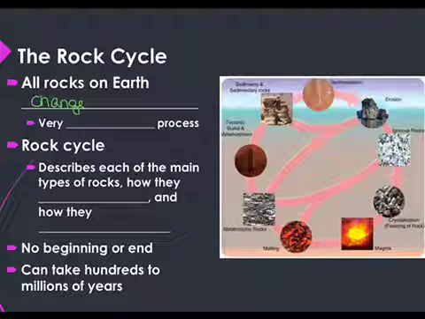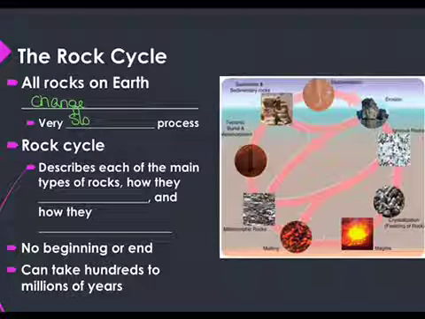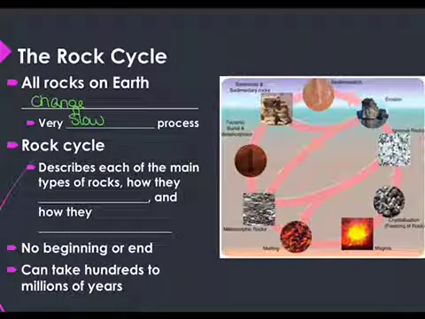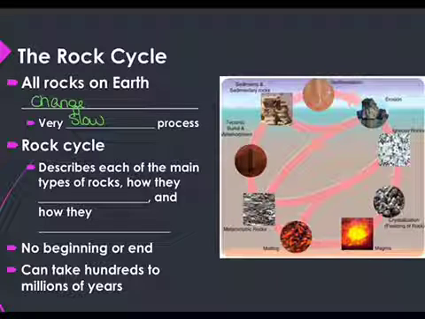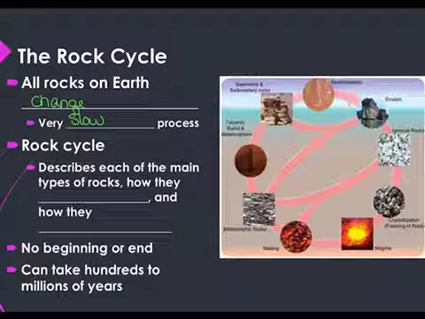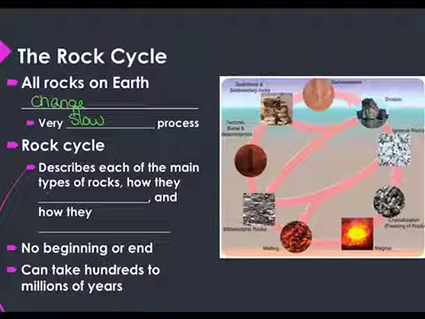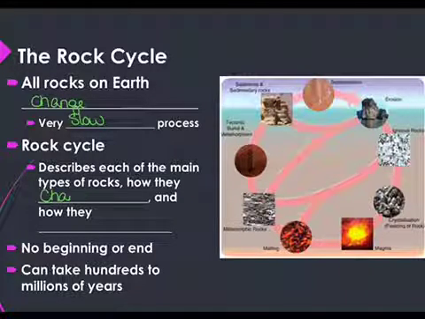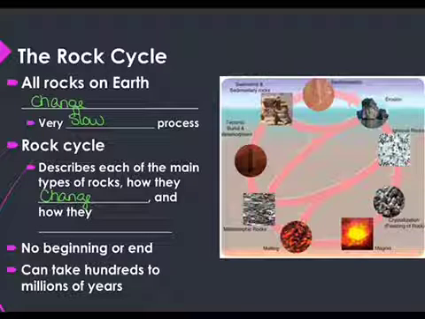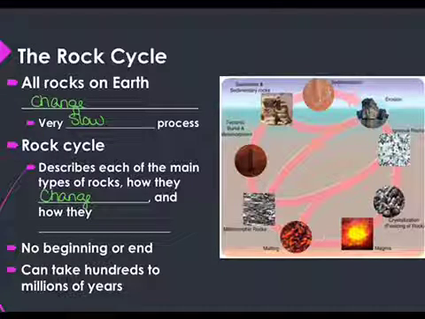It is an extremely slow process to change rock types, and this process is described in something called the rock cycle. The rock cycle describes each of the main types of rocks and how they change, and it also describes how they form.